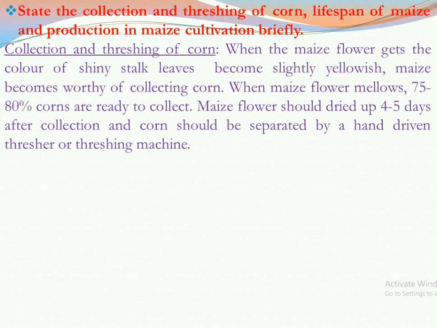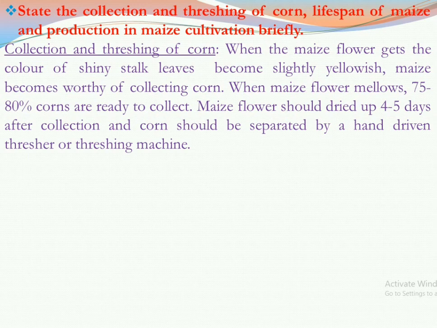That means when stalk leaves are shiny and become slightly yellowish, at that time maize is mature enough to be collected. When maize flower mellows, 75 to 80% corns are ready to collect. Maize should dry up 4 to 5 days after collection, and corn should be separated by a hand driven thresher or threshing machine.